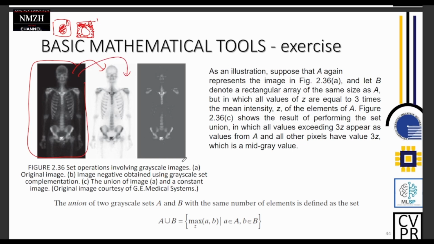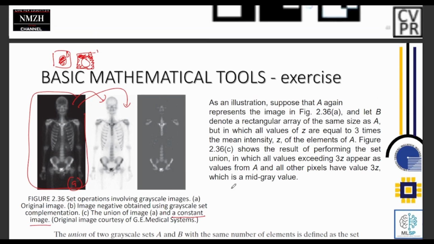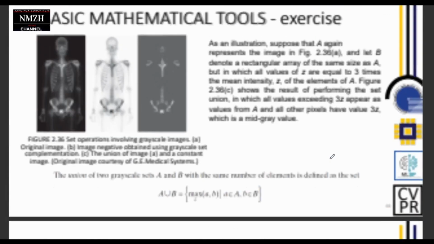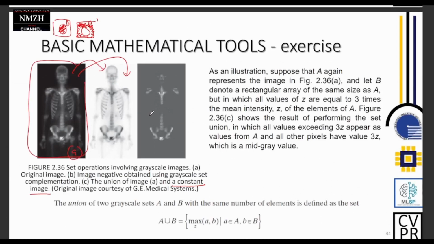Okay, right. So in order to portray the main parts of the human bone, basically the union of the image A and a constant, meaning we try to unite some value in order to make things pop up clearer.